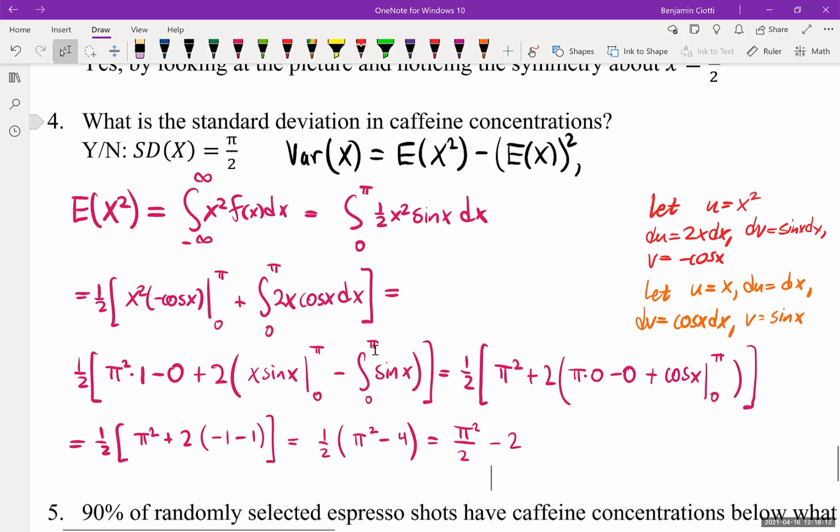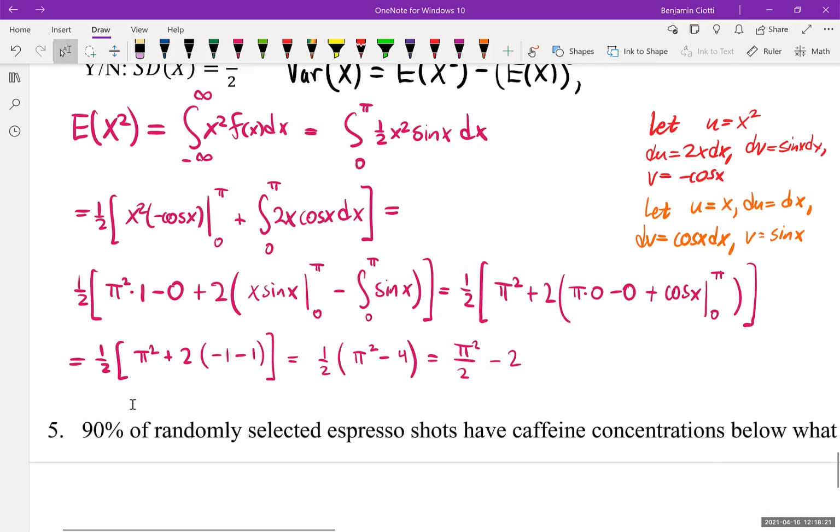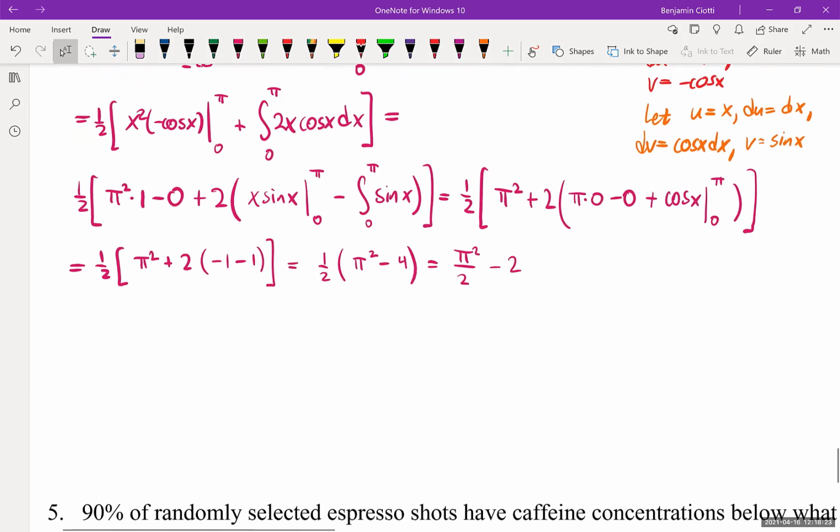So that was the expectation of x squared. I can now get the variance. Yeah, so I'm almost to the variance. I just need to subtract off the mean squared.